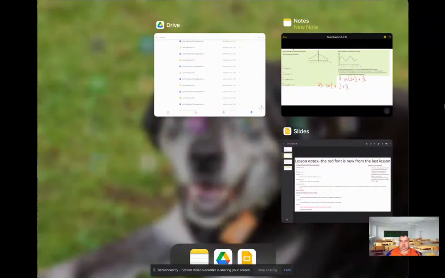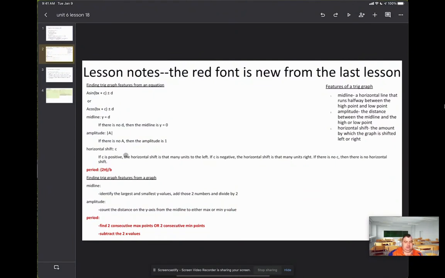Okay. So let's go back and look at our notes from the previous lesson. Notice it's plus or minus c inside the parentheses. And we have to do the opposite. So notice if c is positive, then the horizontal shift is that many units to the left. Well, in this case, the horizontal shift was to the right.